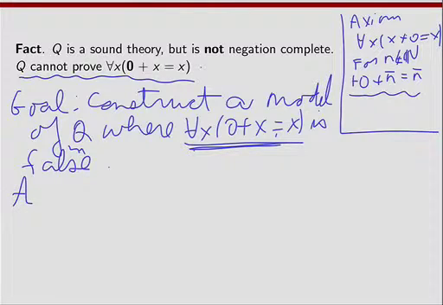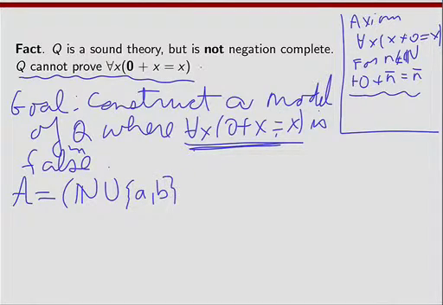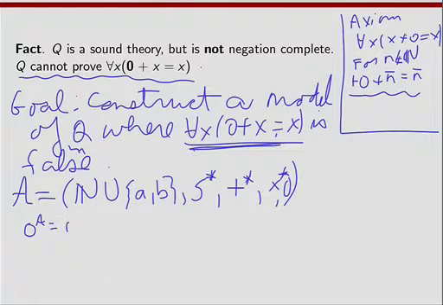Our model is going to consist of the natural numbers together with two extra elements, A and B. We're going to have in our model a way of interpreting the successor function, a way of interpreting the plus function, a way of interpreting the times function, and of course a way of interpreting the constant 0. The interpretation of 0 is just going to be the natural number 0.